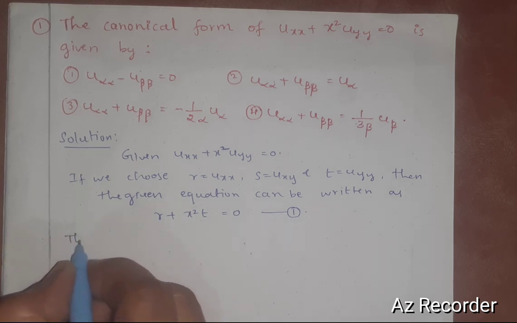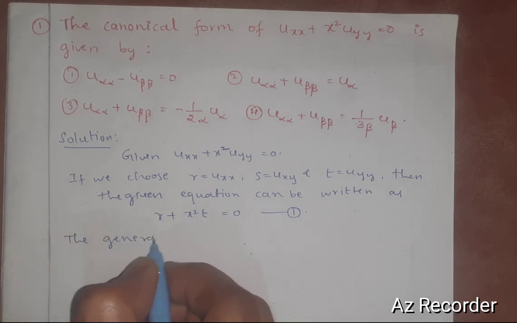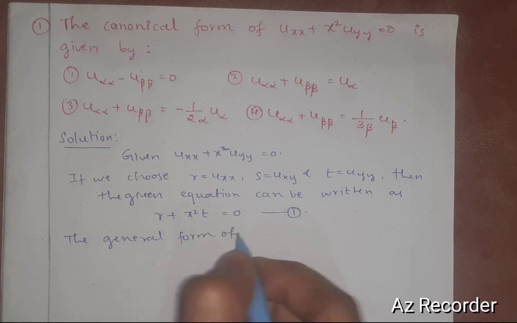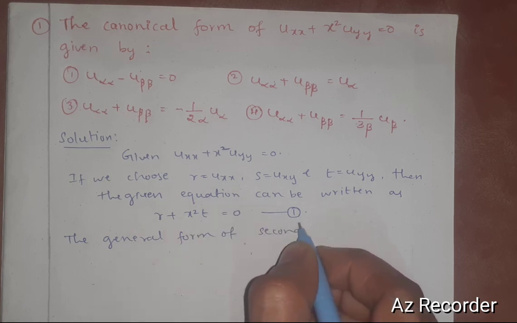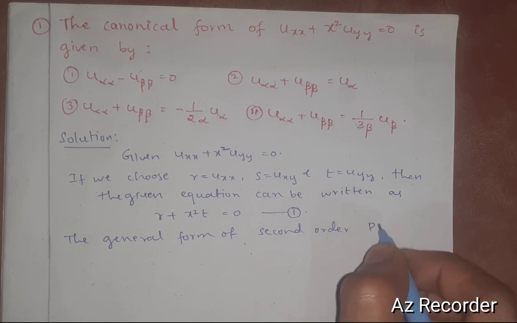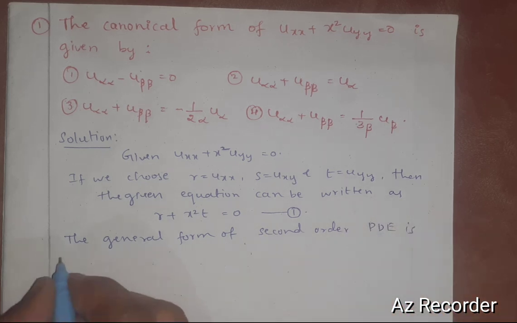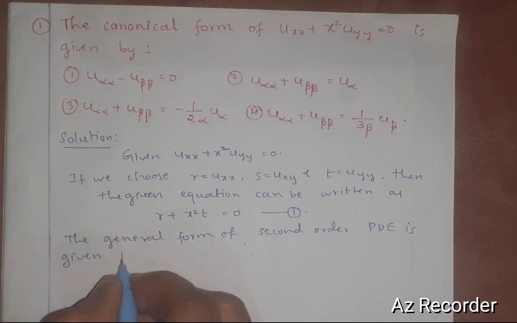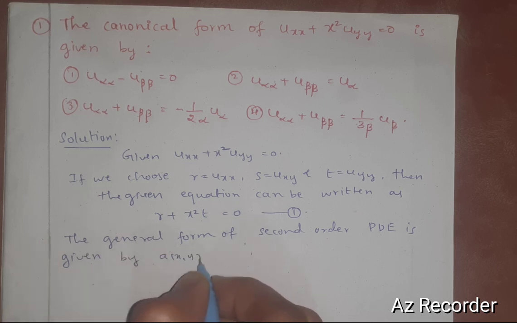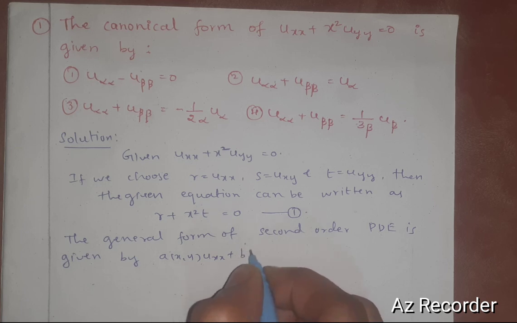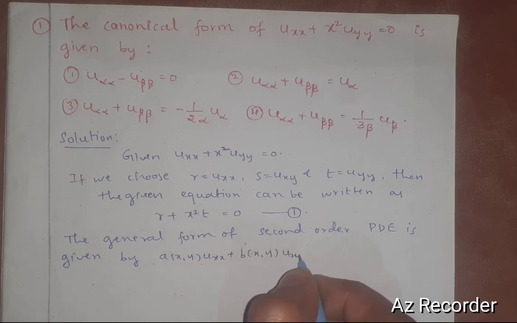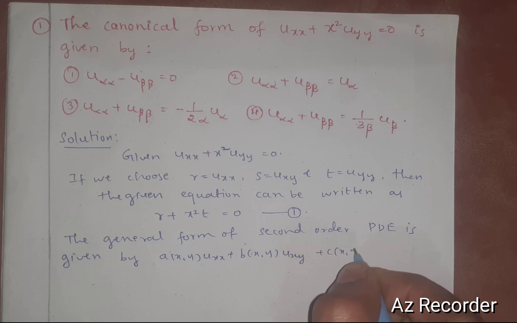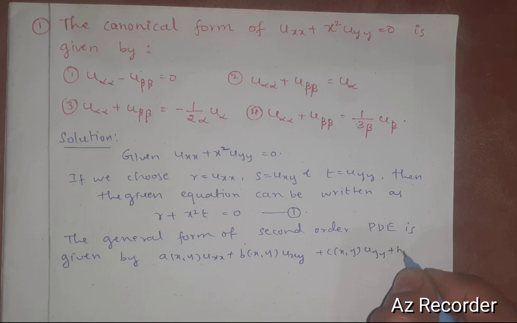The general form of second order PDE is given by a of xy into uxx plus b of xy into uxy plus c of xy into uyy plus h of x, y, u, ux, uy is equal to 0.